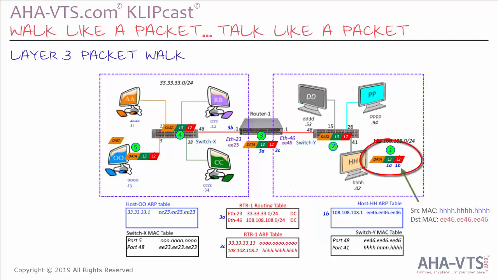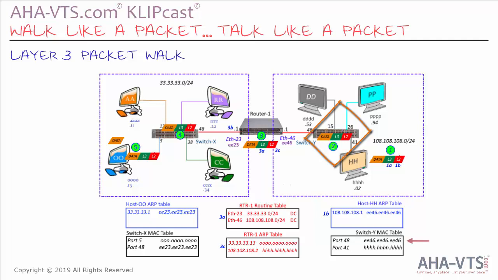The layer 2 header has the source MAC address of host HH and destination MAC of router 1 as per its ARP table. Then, host HH sends the traffic to switch Y, which already has an entry for router 1's MAC in its MAC address table, and forwards information out Ethernet 46.